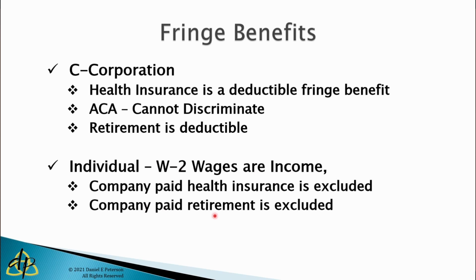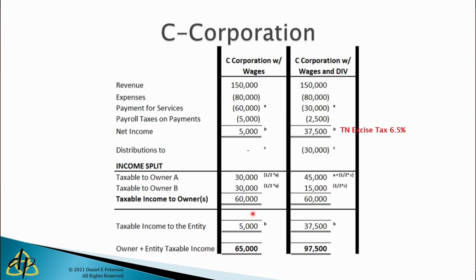So in our C corporation example, our revenues minus our expenses, minus our W-2 wages for the two working shareholders, minus the taxes is a net income of $5,000. Each respective owner reports their $30,000 in wages, and the corporation reports and pays tax on the $5,000 of net income.